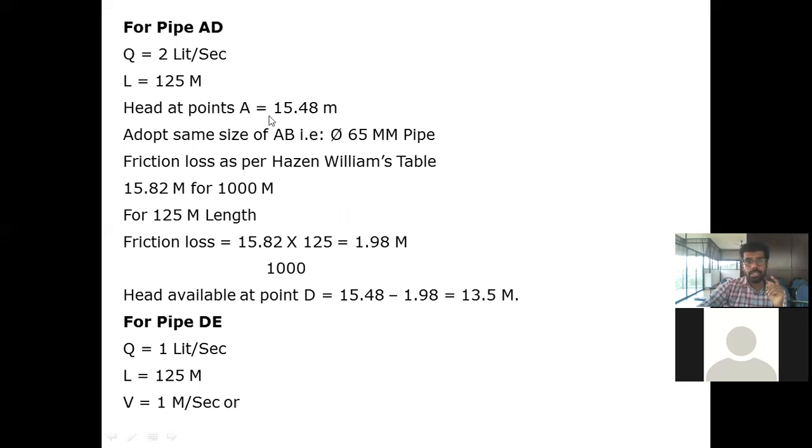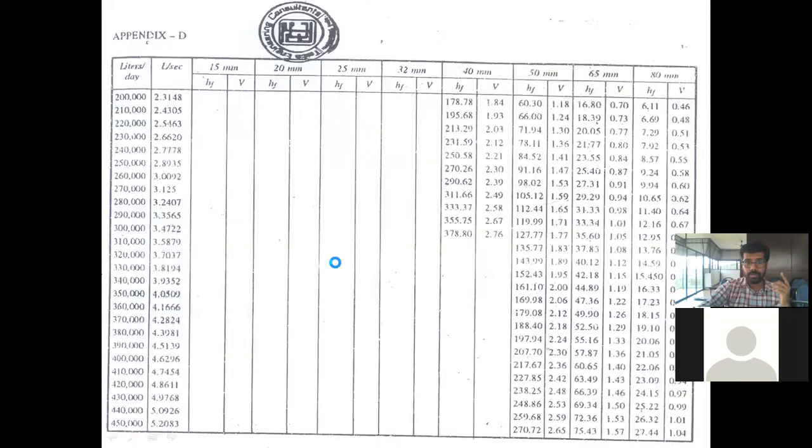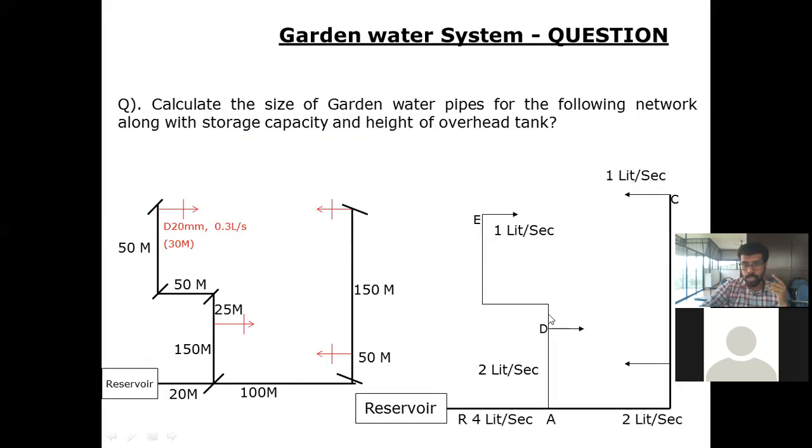We already know that 15.48 is the head at point A. So you just reduce the loss. 15.48 minus 1.98, you will be getting 13.5. So the 13.5 is the average head at point D.